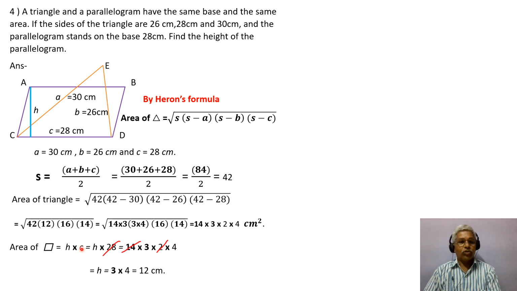So h into 28 equals this; for this reason don't calculate it, keep it as it is. So h into 28 equals 14 into 3 into 2 into 4. So this goes directly, and h equals 3 into 4, which is 12 centimeters. If you calculate this, that will make your job a little difficult.